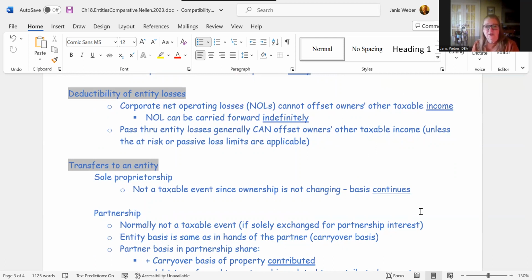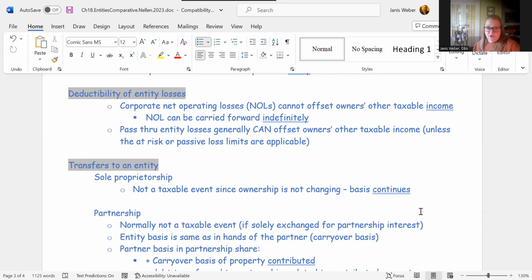You cannot just give part of it to the shareholders, because the C corporation doesn't have conduit ability, right? So an NOL in a corporation can keep moving forward indefinitely. But if you never have any profits in that C corporation later, it won't be utilized. So it needs a profit at some point in order for that NOL to offset the profit, to be able to get the benefit from it.